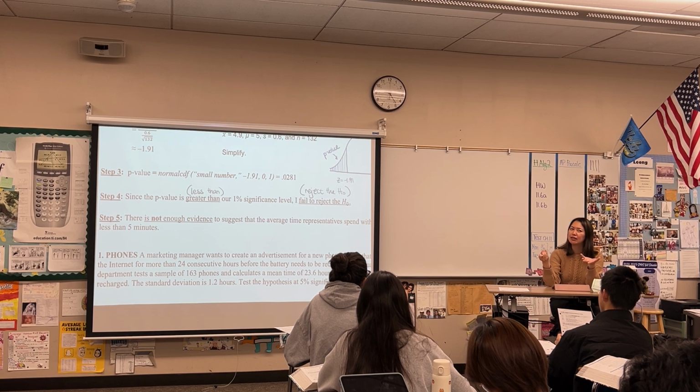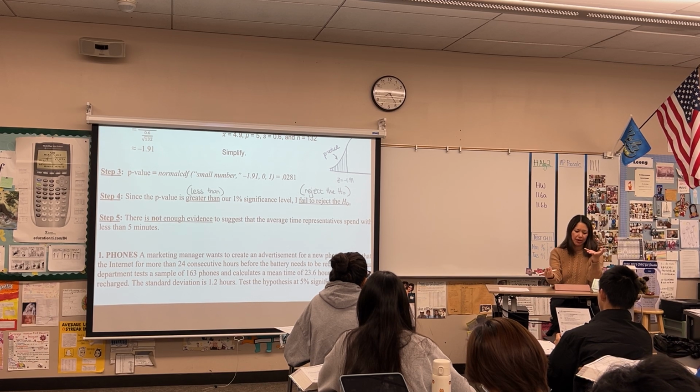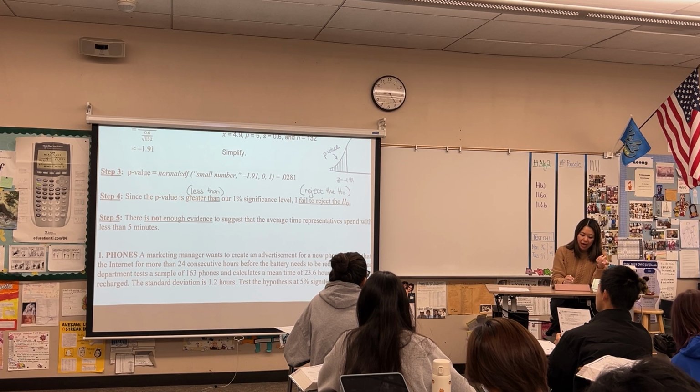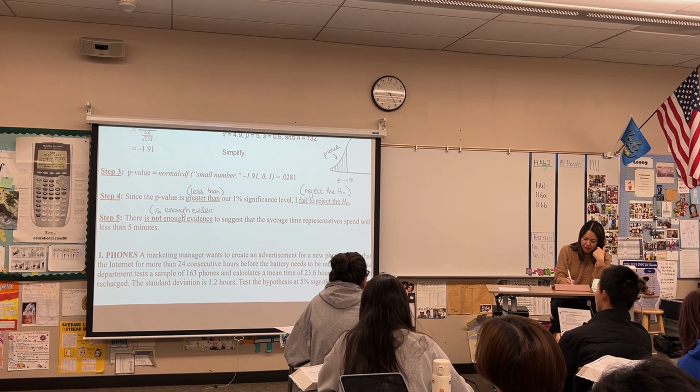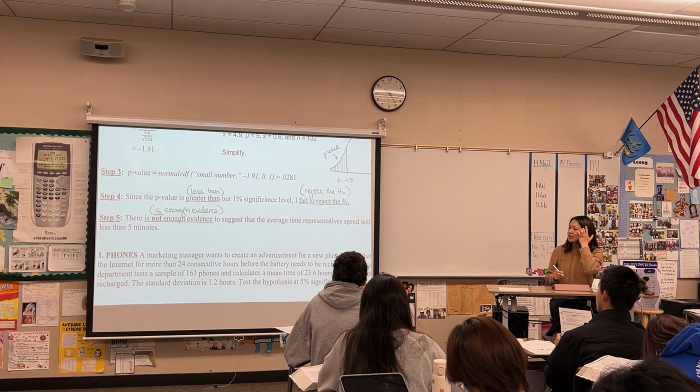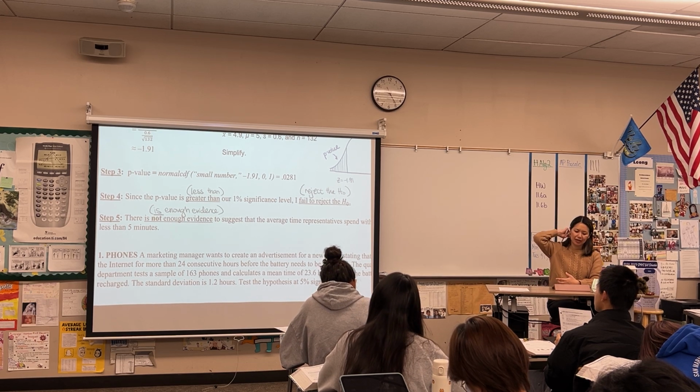Or it's very unlikely for both to coexist. That's what the p-value is, right? That they coexist. All right, so since the sample is definitely true, you have to reject the null hypothesis if your p-value is less than the significance level. And that means that there is enough evidence to suggest that the alternative is true. Okay.